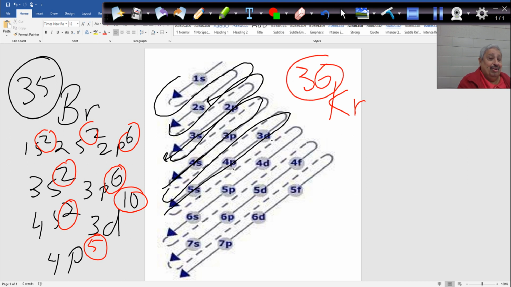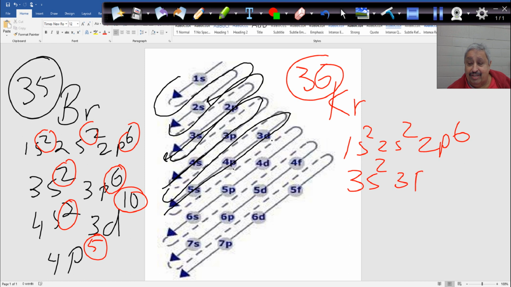So I'll copy the whole thing from the bromine, correct? Just copy from the bromine. So 1s2, 2s2, 2p6, 3s2, 3p6 from here. After that, what will come? Let's put the 6 there.